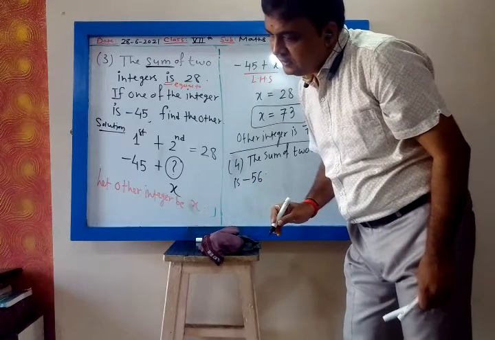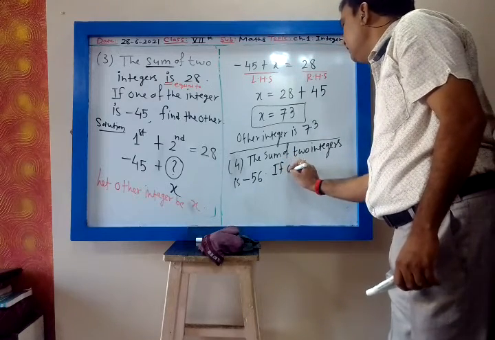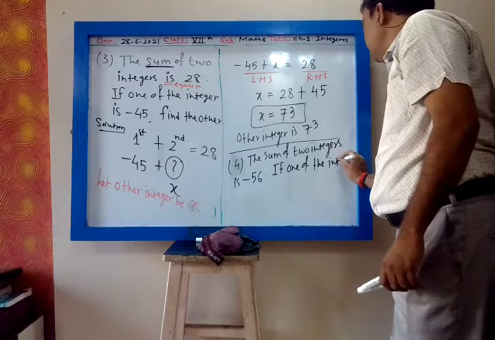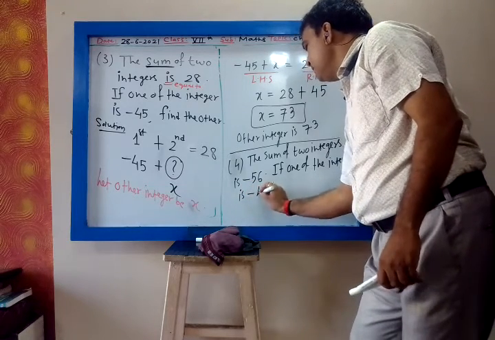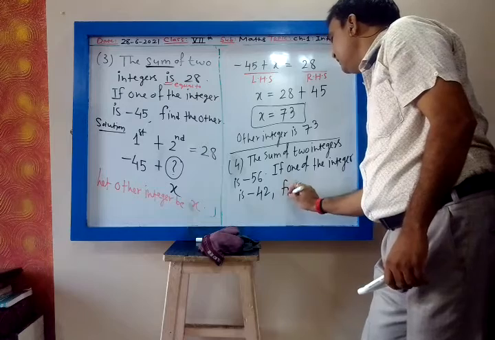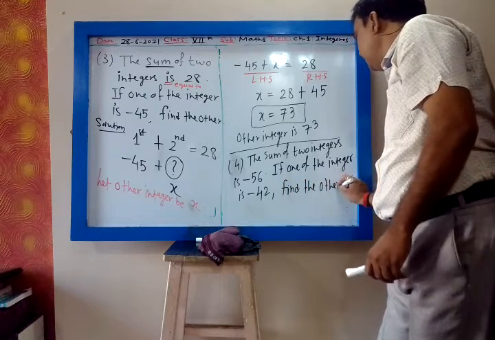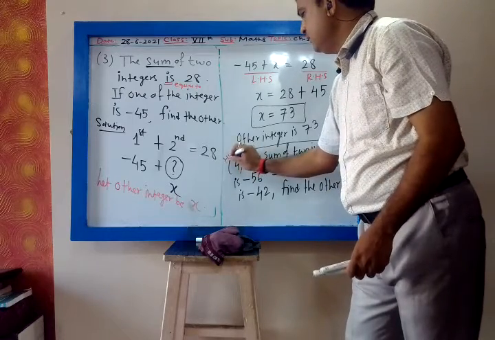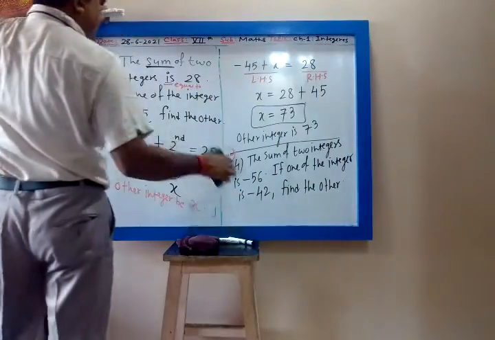If one of the integers is minus 42, find the other. This I am giving as homework, the fourth one, because it is the same as the earlier one. Now the fifth question.